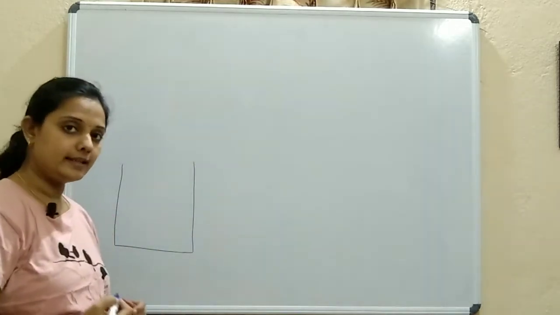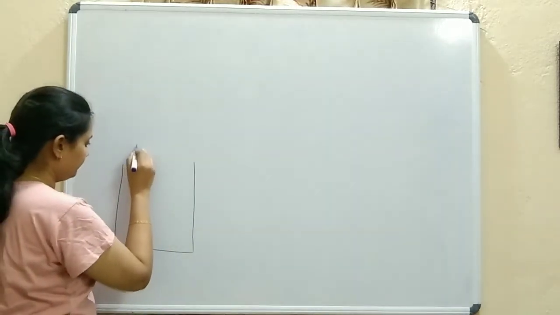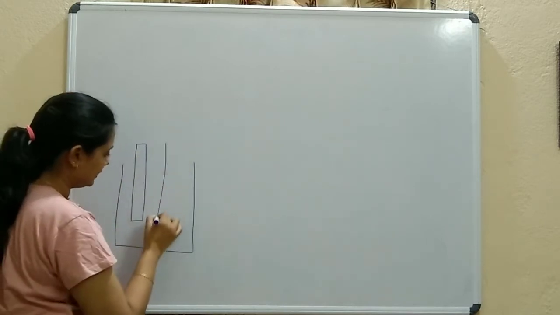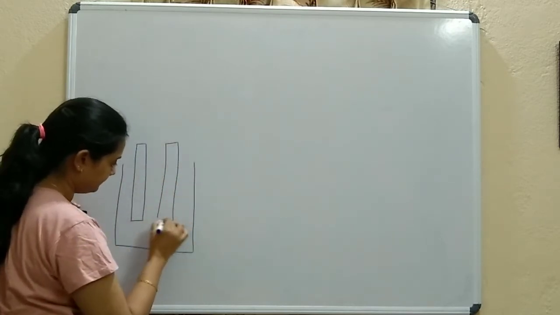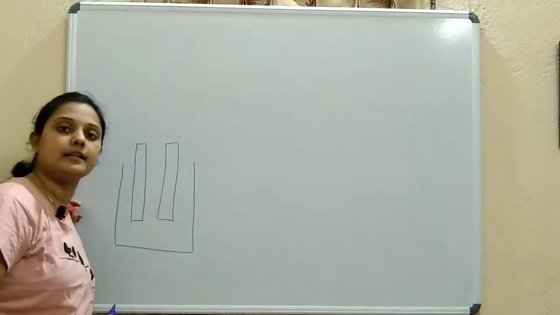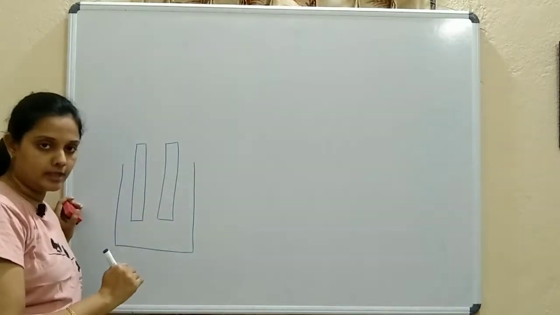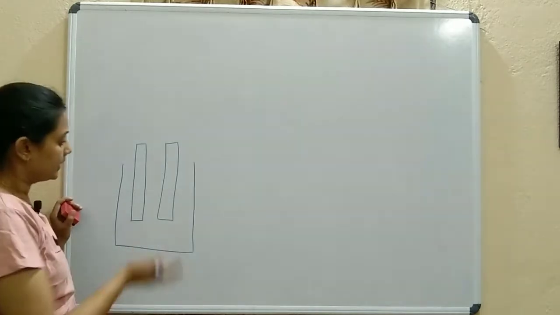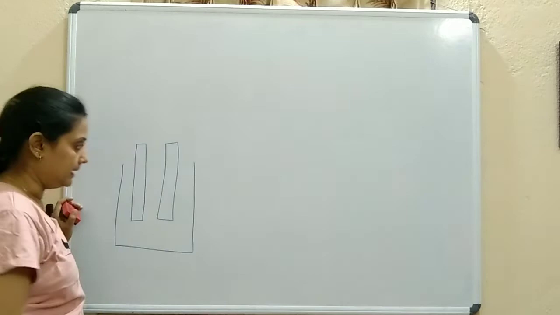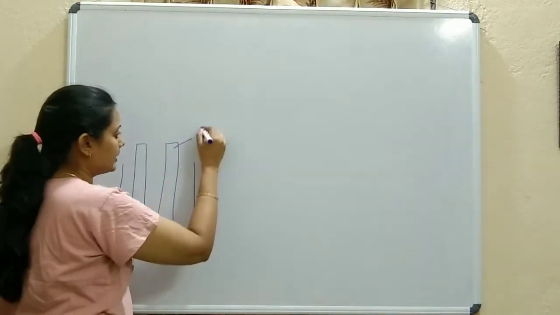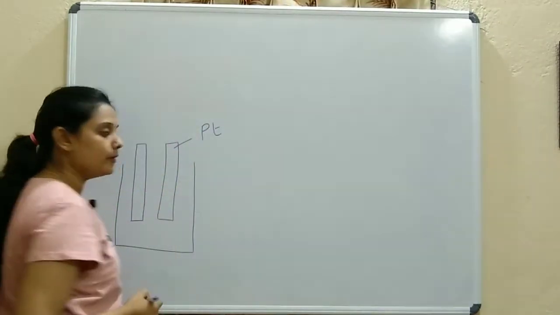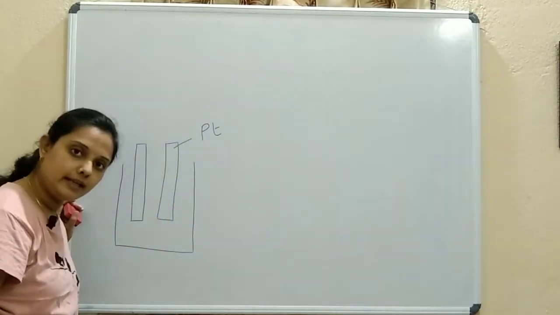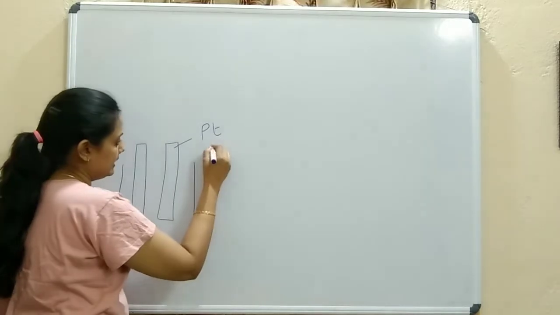So an electrolytic cell is taken. Platinum electrodes are immersed into it. Okay, we started with the electrolytic cell which converts electrical energy to chemical energy. So we are taking an electrolytic cell with 2 platinum electrodes made of Pt. Pt means platinum. Why are we taking Pt here? Because it is inert in nature.